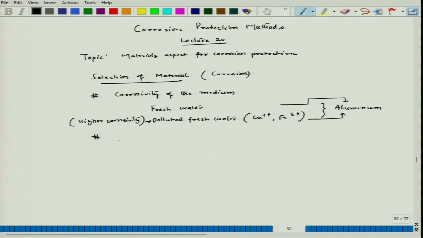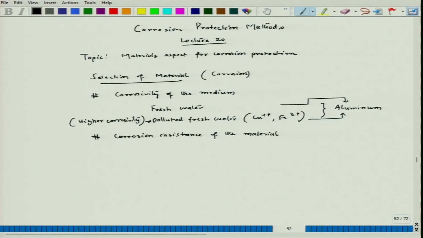Then the second part is corrosion protection or corrosion resistance of the material, fine.